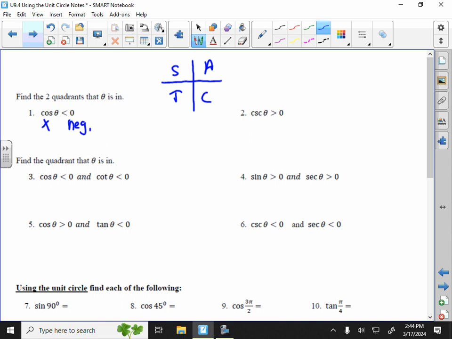If we look at this ASTC, this tells us when it's positive. So we know cosine's positive in 1 and 4. That means it has to be negative in 2 and 3. And if you look at the coordinates for quadrant 2, it's negative, positive, and in quadrant 3, negative, negative. So the x's are negative in 2 and 3.